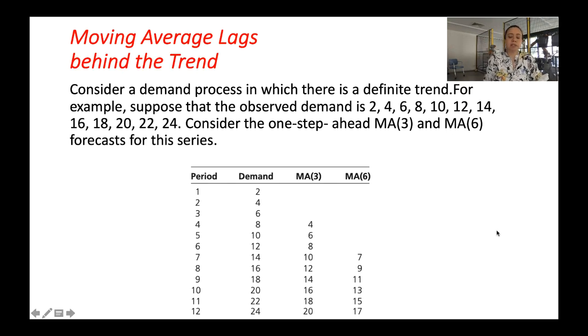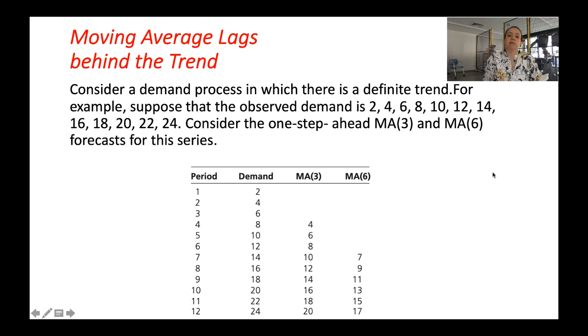Now I would like to give another example for the method moving average. In this example, we have demand data, but this data has a special property. The numbers are increasing regularly. As you can see, in each period, demand increases by 2 units.